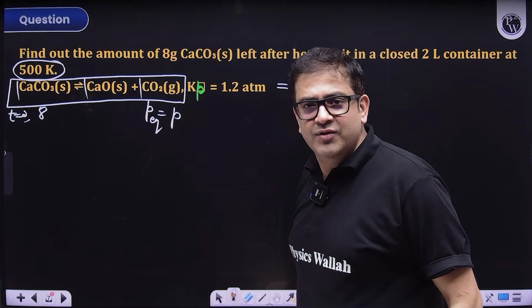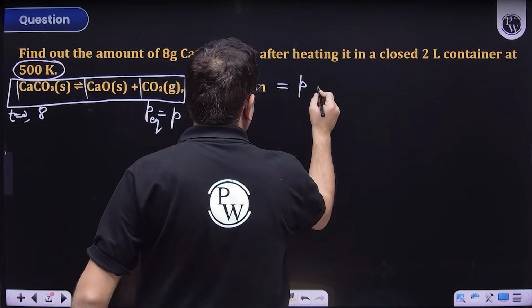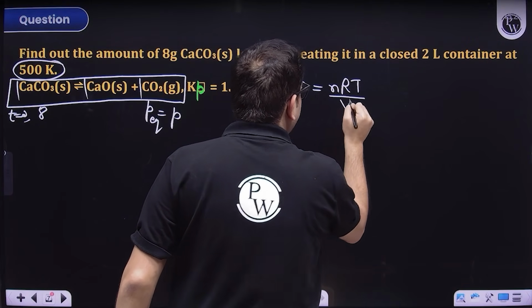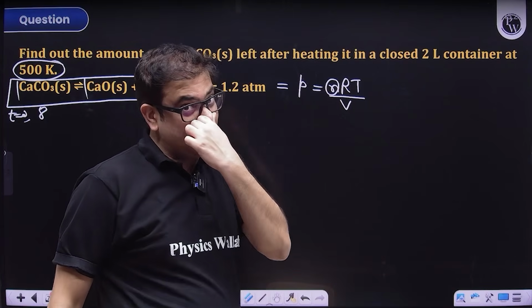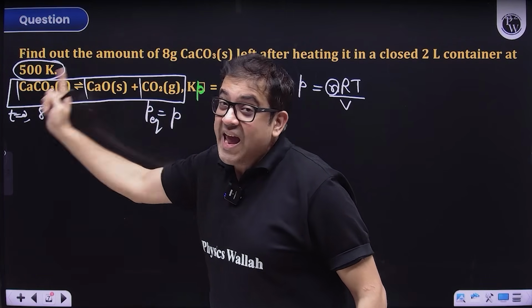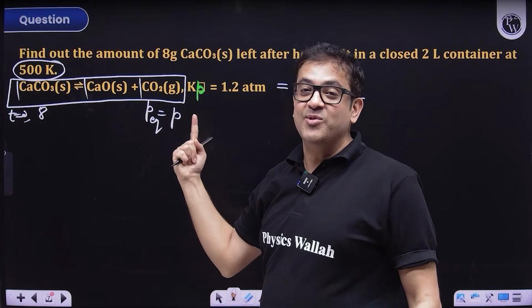You know the pressure of CO2. Can you find the number of moles of CO2 produced? Yes. How? n equals PV upon RT. If 1 produces 1, so N must have been dissociated and produced these N moles.